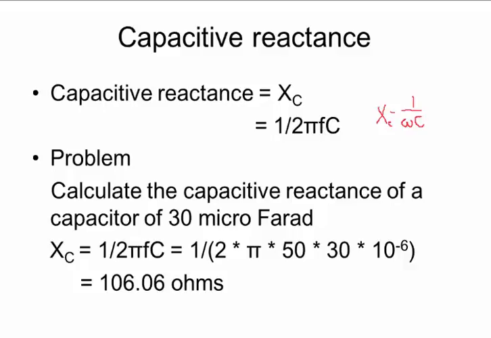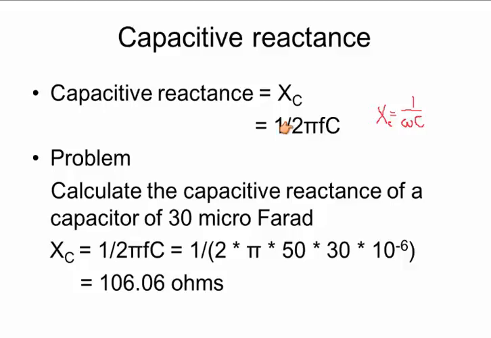But of course omega is an angular frequency, and we can multiply the normal frequency, which is time changing, 1 over period, as we discussed last time, by 2 pi, which is a complete circular rotation, and this gives us angular frequency. So this is actually where this 2 pi fC comes from.